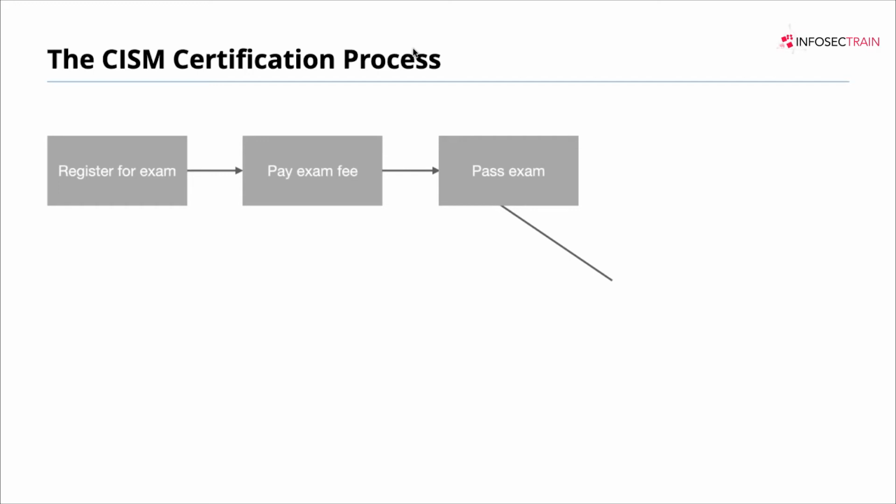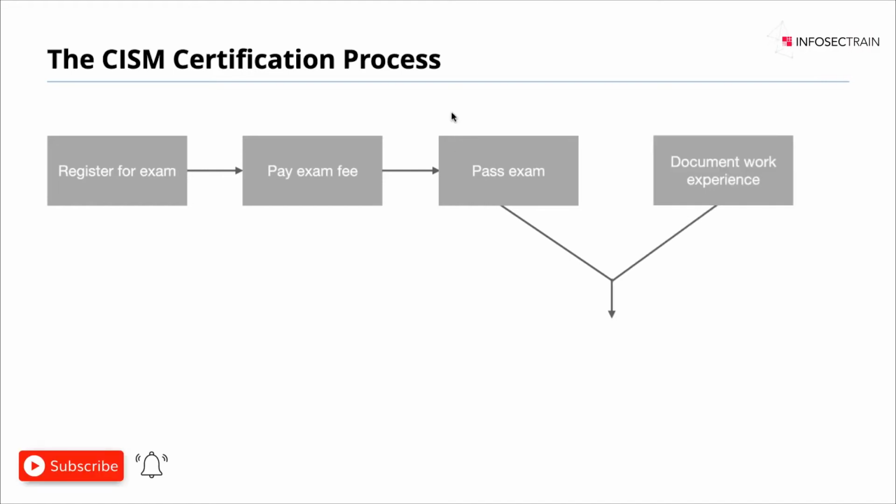Passing the exam doesn't mean you are a CISM certified professional yet. There's a form that you need to fill up, and this is the process where you fill in that documentation. The documentation process is to provide proof that you have the relevant experience. If you have that experience, then you can apply.